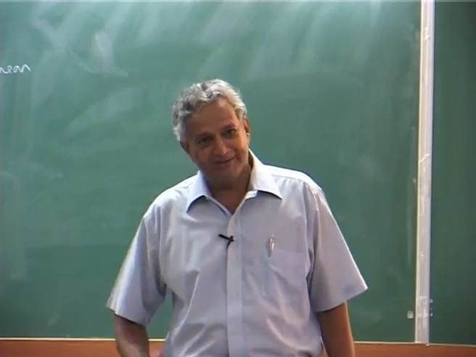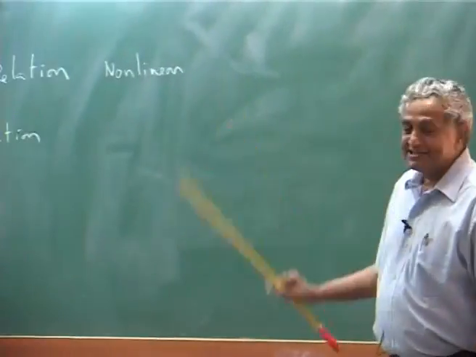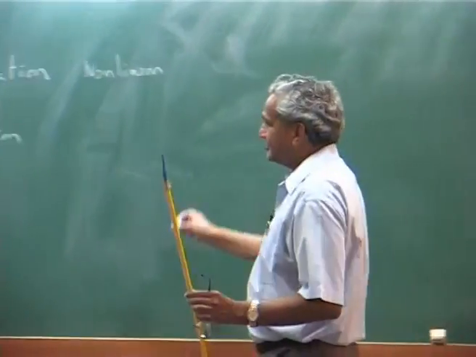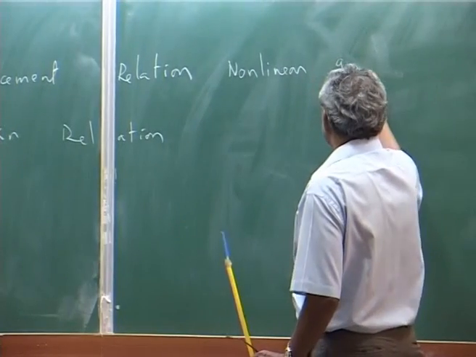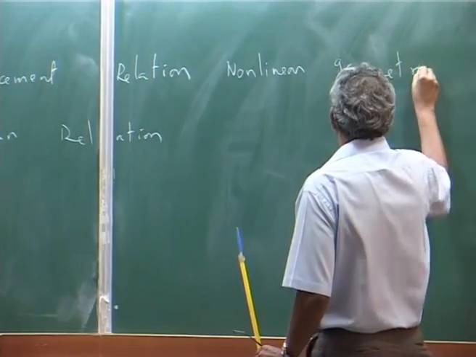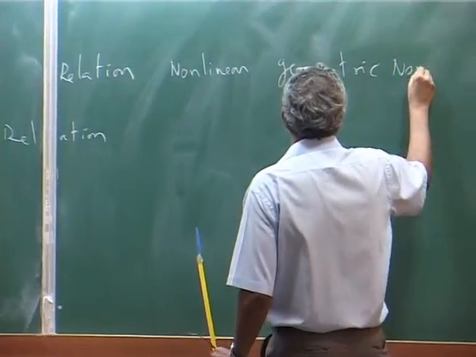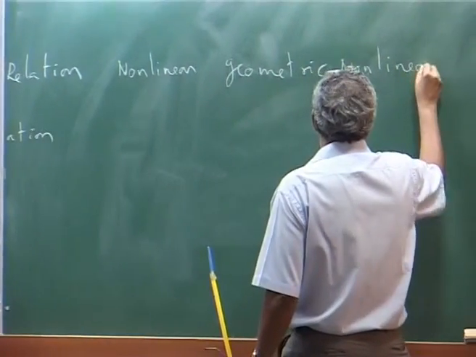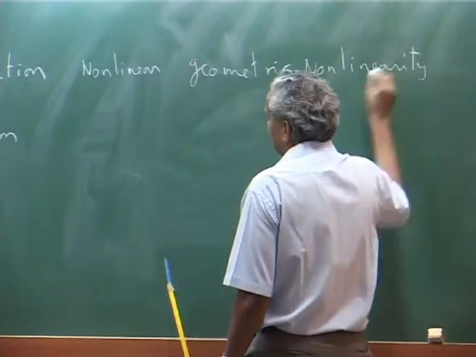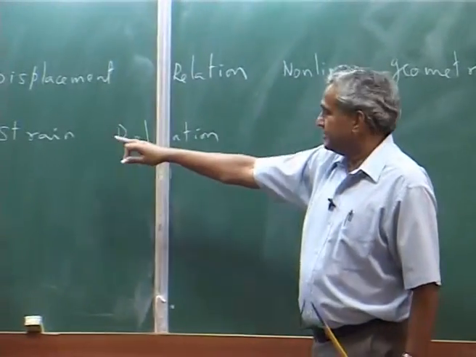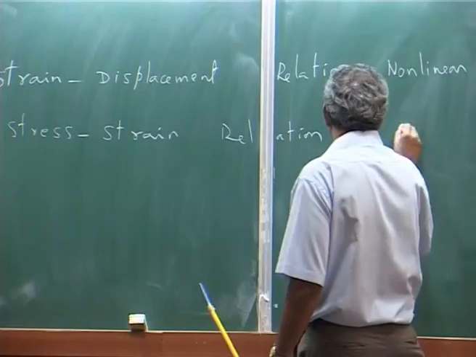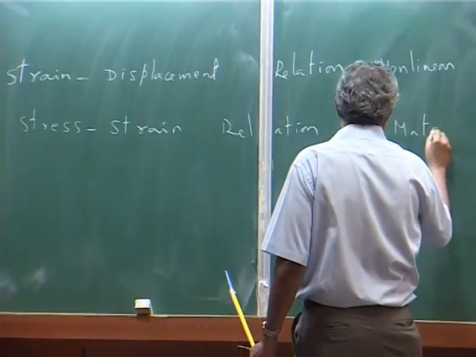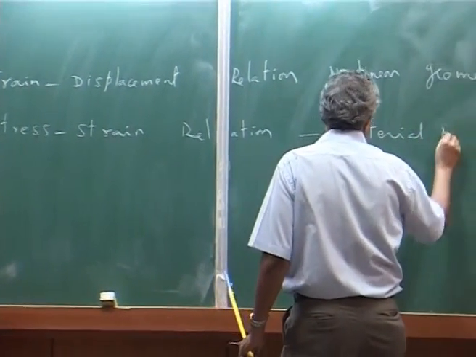You have to have the nonlinear relation. So, this particular type of nonlinearity you call geometric nonlinearity. Whereas, if the stress strain relation is nonlinear, that is the material nonlinearity.